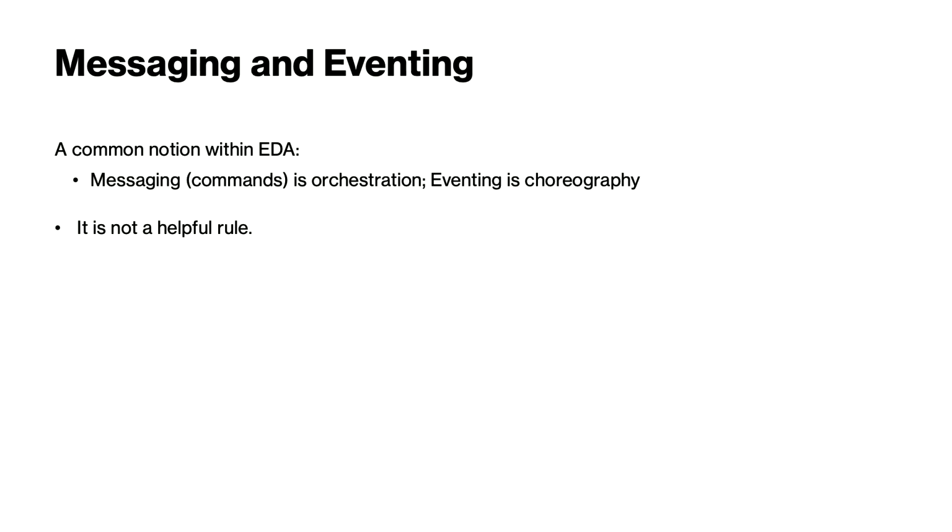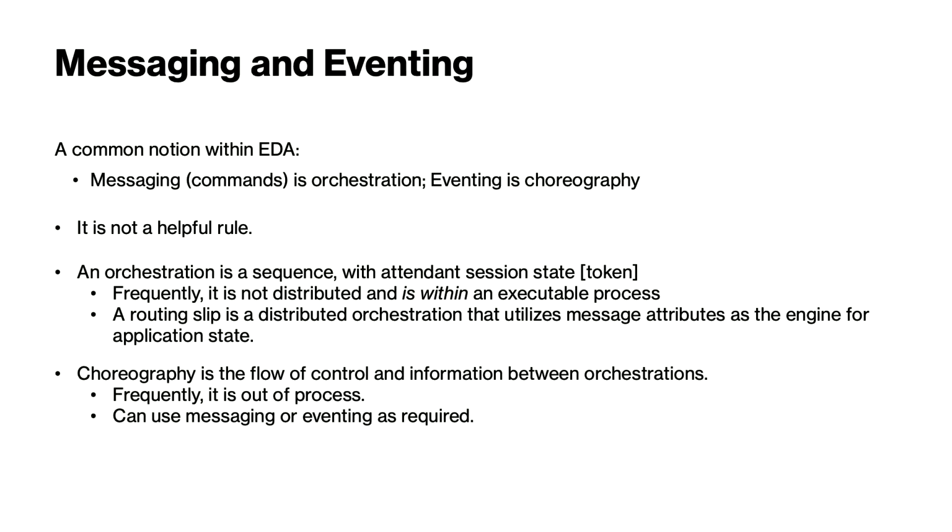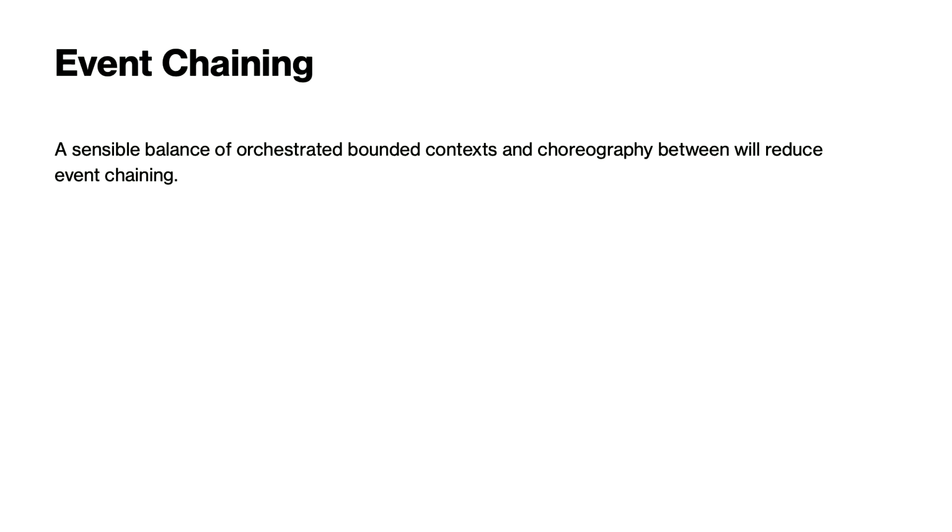Orchestration is about somebody having control and managing the state of a given instantiation of a workflow, and it nearly always runs in process. Choreography is the stuff flowing between different orchestrations that has no one in charge of it and no one tracking it, right? Routing slips are when we try and do orchestrations in a distributed sense, and we'll talk about that a bit later. But choreography is this flow of control in between.